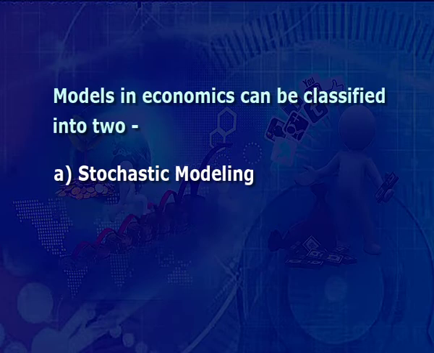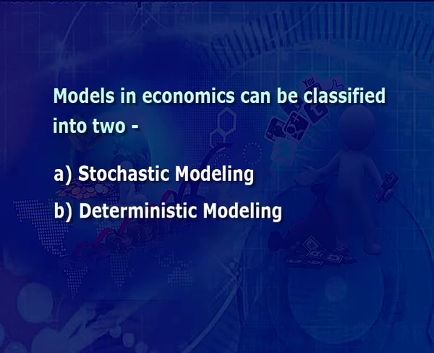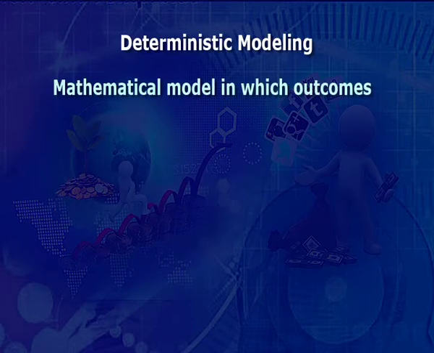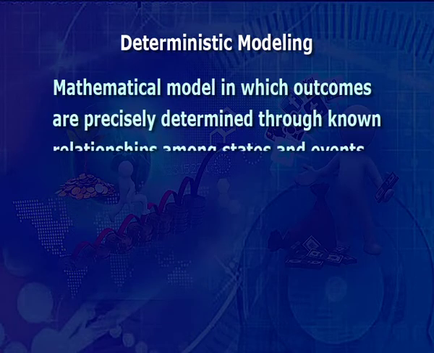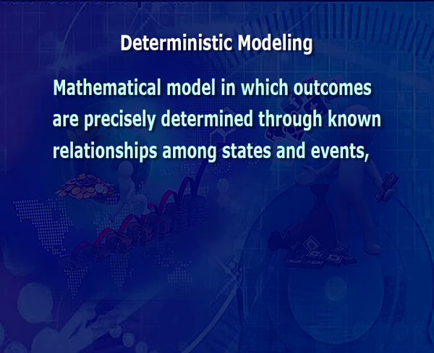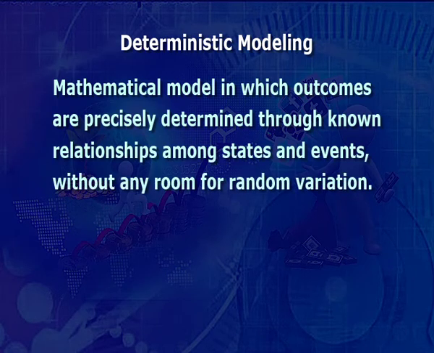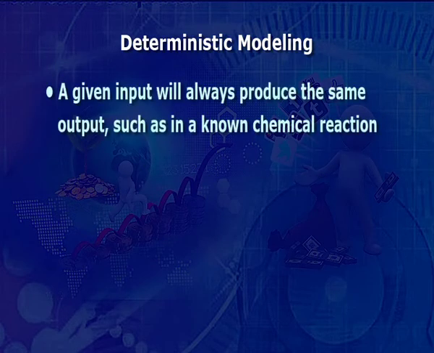Friends, let us understand deterministic modeling, a mathematical model in which outcomes are precisely determined through known relationships among states and events without any room for random variation. In such models, a given input will always produce the same output, such as in a known chemical reaction.